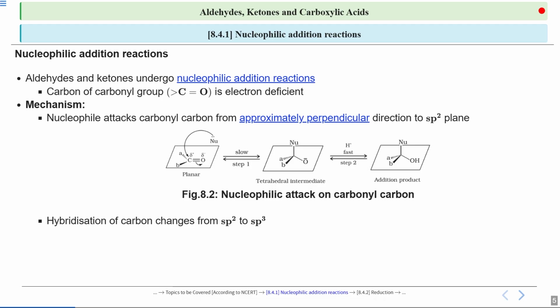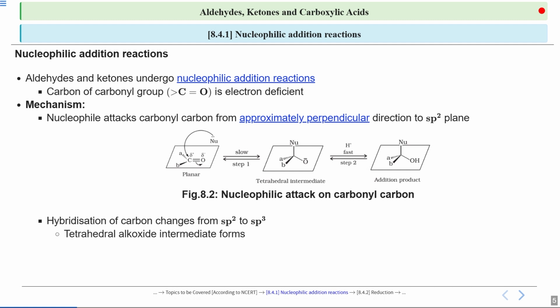This means the carbon goes from a flat planar shape to a three dimensional, tetrahedral shape. So now it is a tetrahedral intermediate.